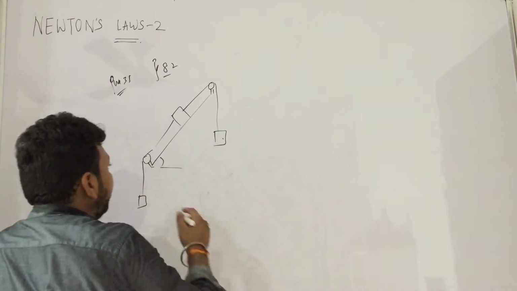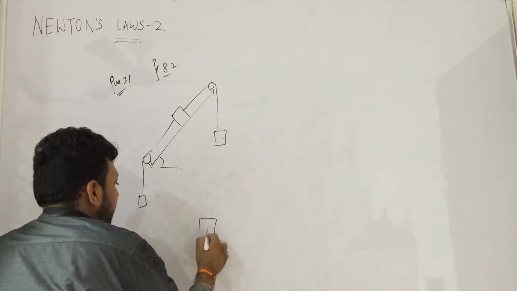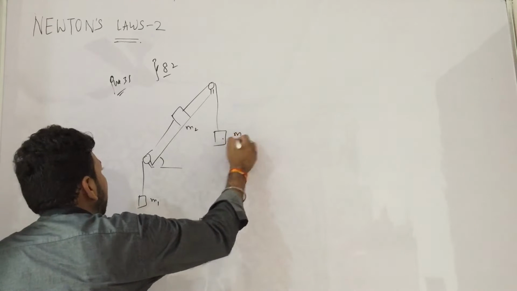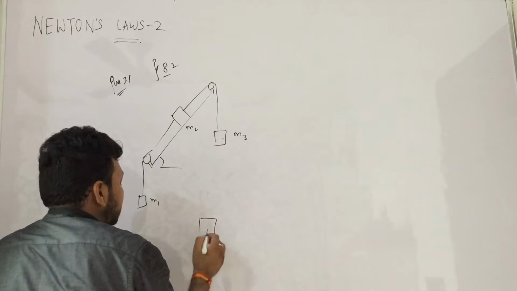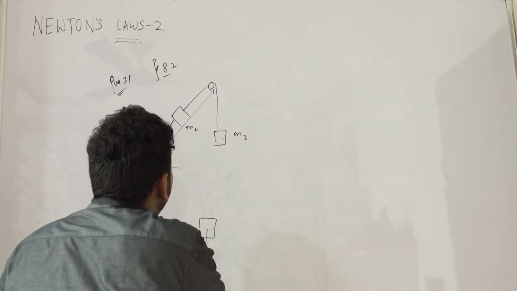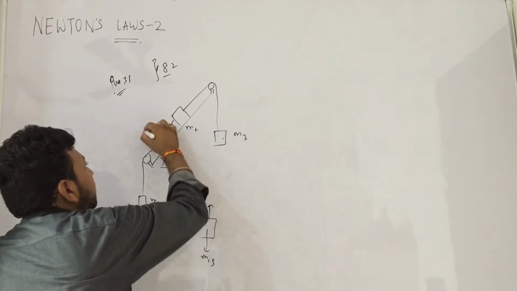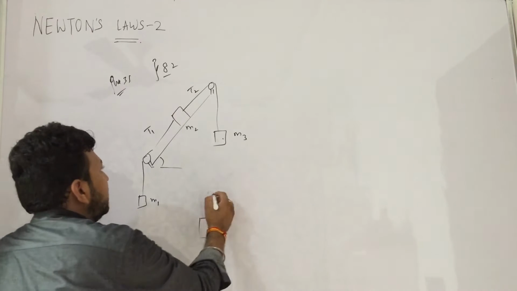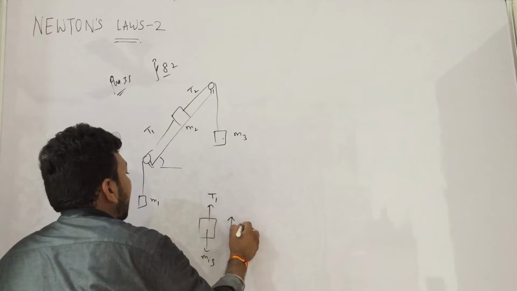So let me draw the FBD. See, this is M1, M2 and M3. So I consider this as M1g. M1g, this string T1, this string T2, tension. So M1g, T1 and acceleration.